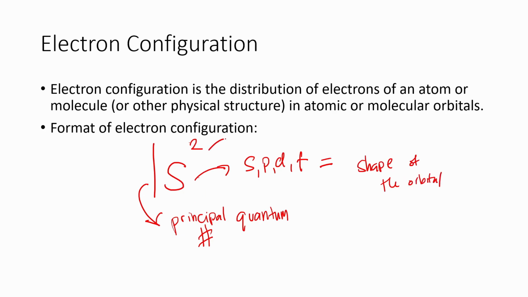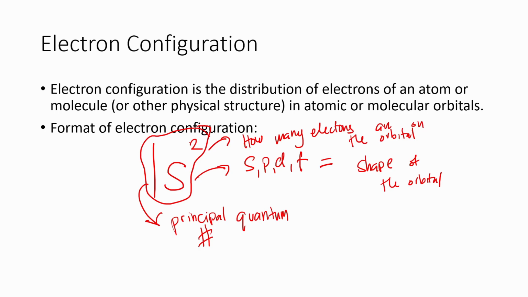And the superscript denotes how many electrons are on the orbital. Okay, so this is the general structure of an electron configuration.